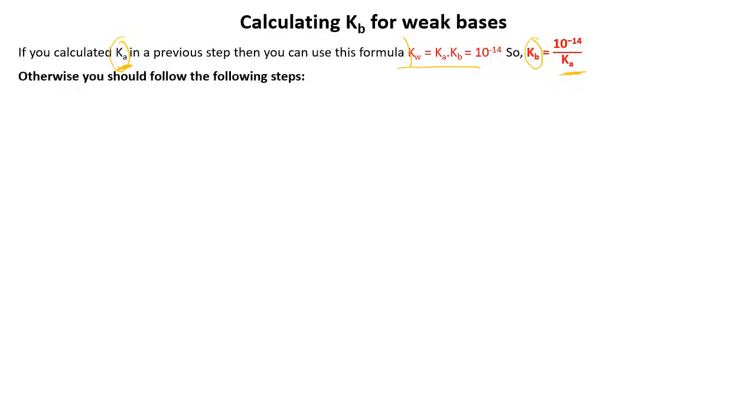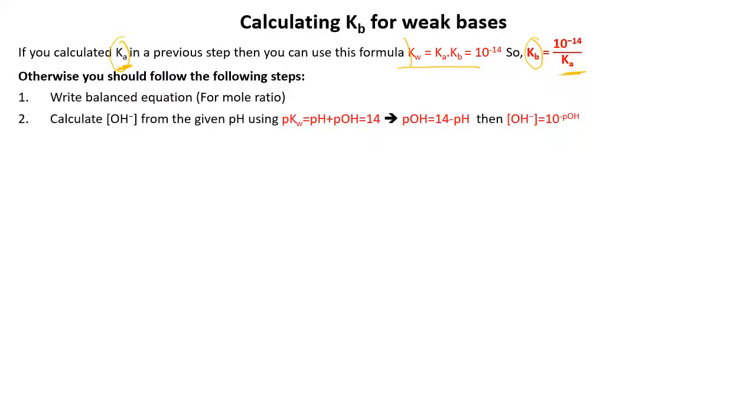Otherwise, you should follow the following steps like we did with Ka, but we have to observe the difference. First of all, we should write the balanced equation to give the mole ratio. The second step is to calculate the concentration of OH negative from the given pH. But of course, we have to care that this is not the concentration of hydrogen, this is the concentration of OH negative.